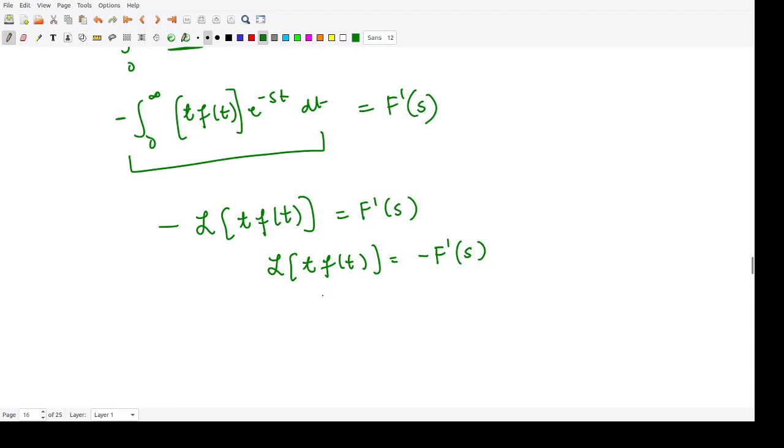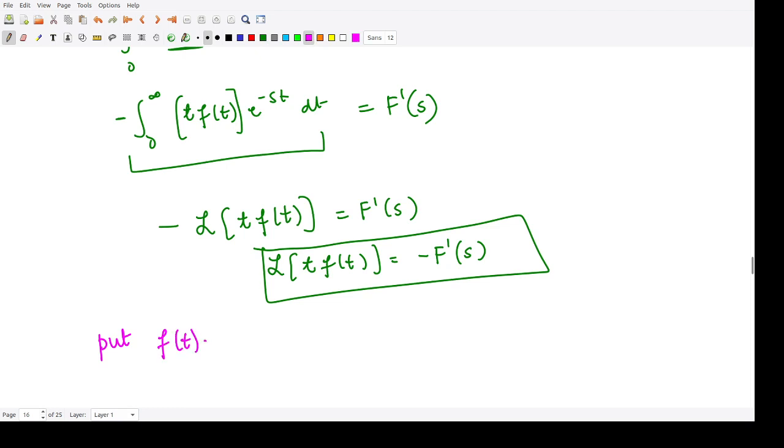So this is the one result that we got. Now if we substitute f of t as t into f of t, so instead of this f of t, if I write now t f of t, I would have Laplace transform of t into t f of t. So what would be this?